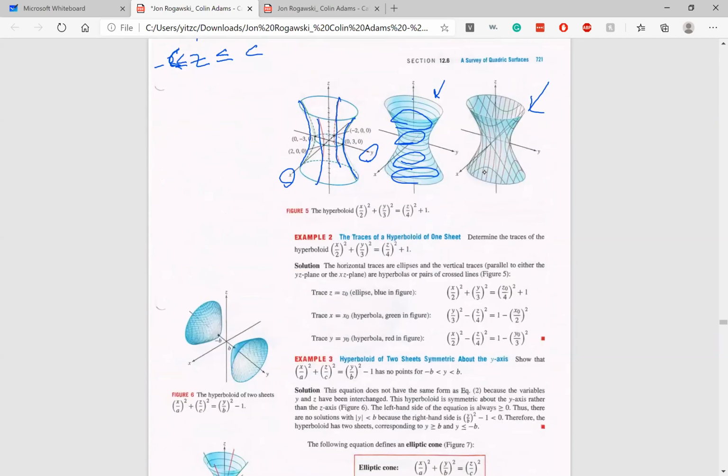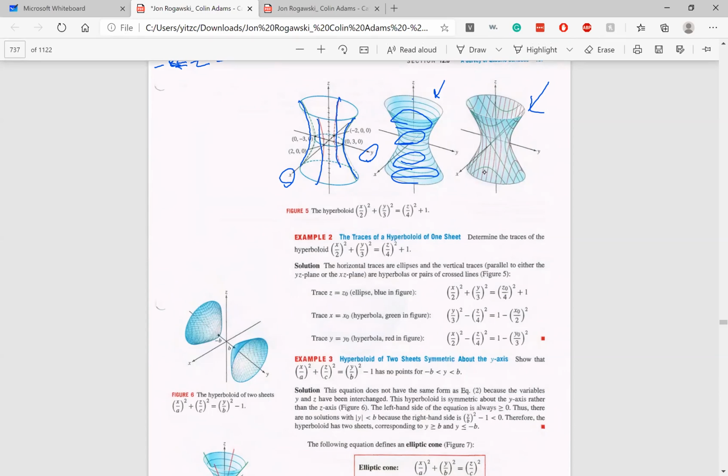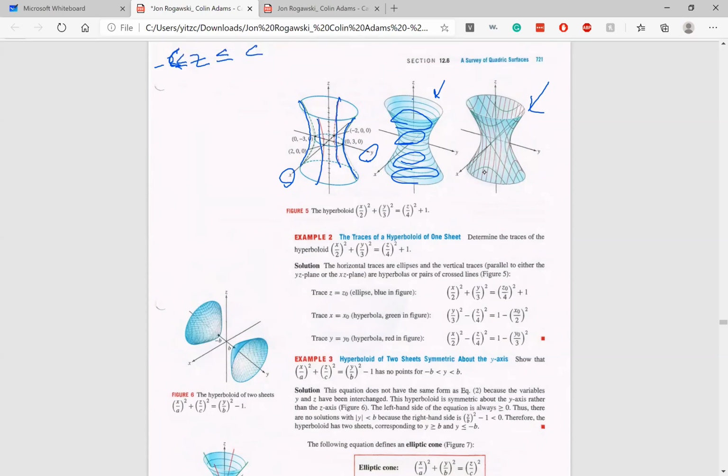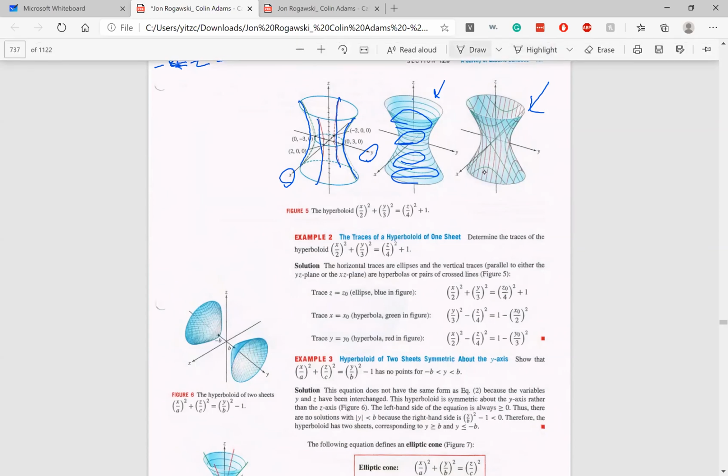So now they ask us to trace the hyperboloid of one sheet and determine its traces. And again, you can see it's a hyperboloid of one sheet because there's a positive one over here. The z direction is going to be the direction with your ellipses.